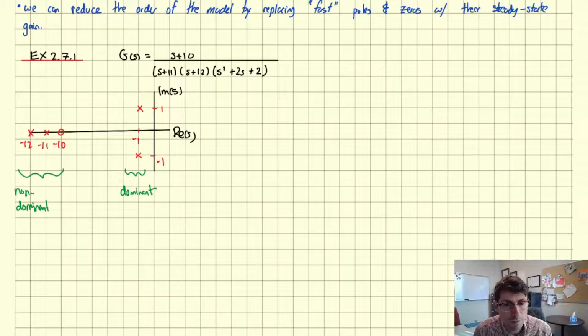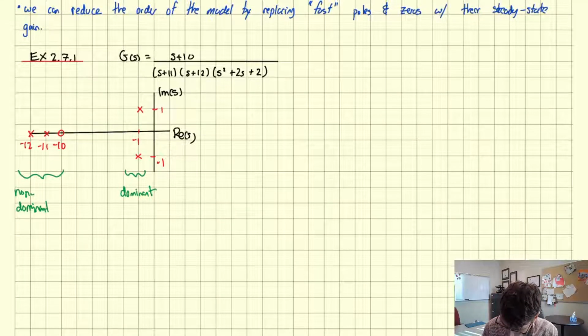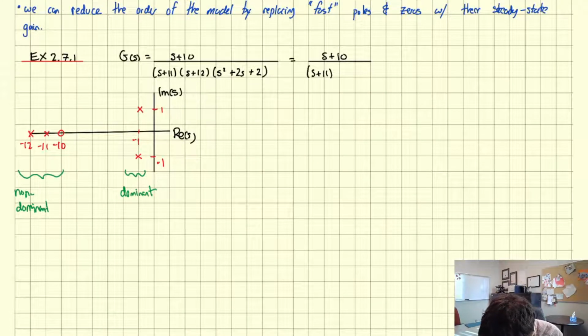And so the idea is we're going to factor the transfer function into the fast part, or the non-dominant part, and the slow part, or the dominant part. Okay, so let's write this as, so that's what we're going to call the fast part.